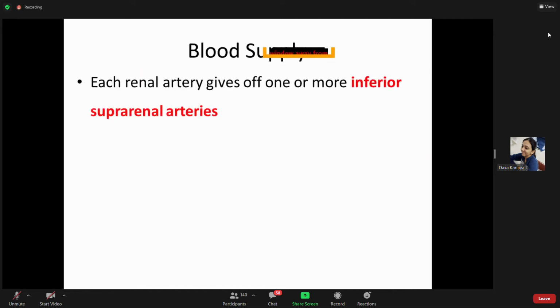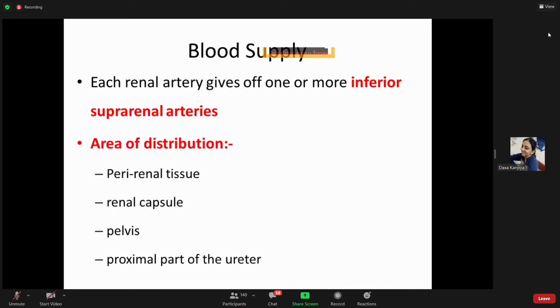Then each renal artery gives one or more inferior suprarenal arteries. Other than the kidney, the renal artery also supplies the suprarenal gland, perirenal tissue, fibrous capsule of the kidney, renal pelvis, and upper part of the ureter. These are the areas of distribution of the renal artery.